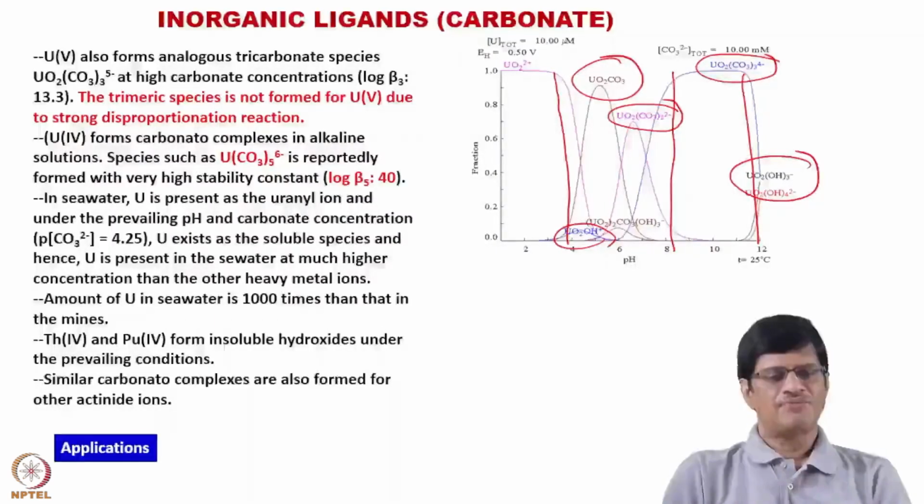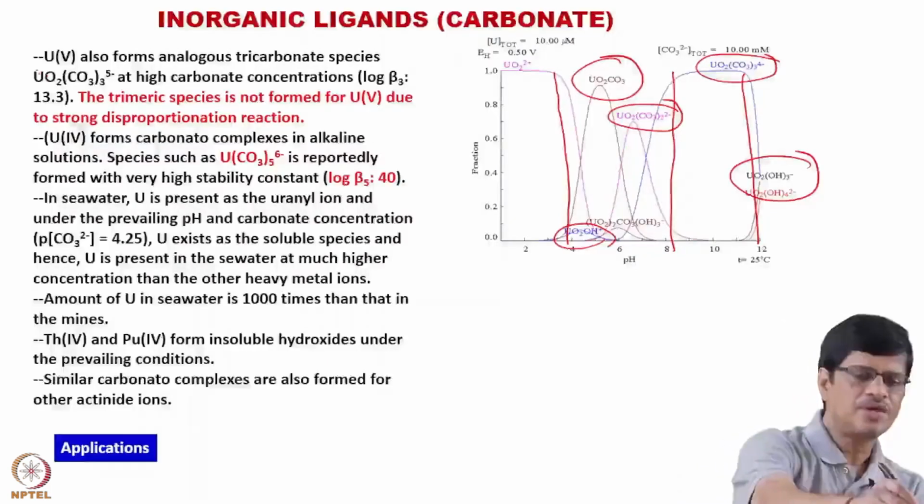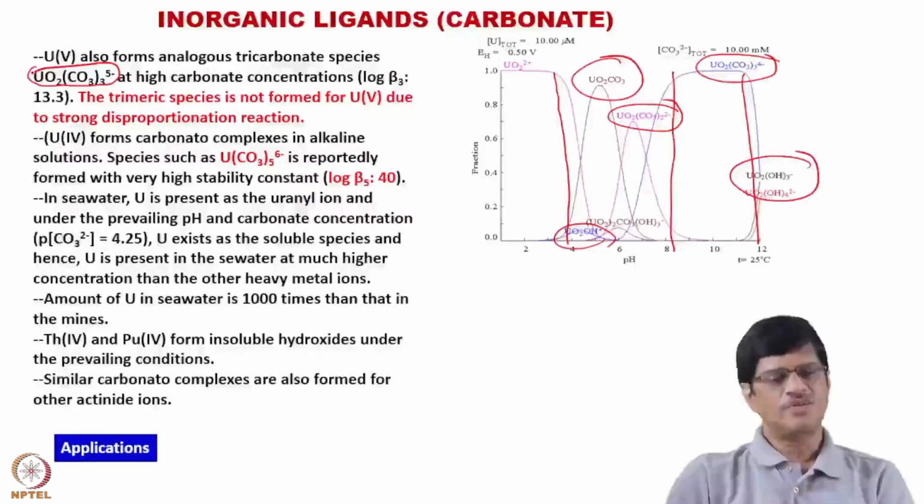Now, uranium 5 also forms the analogous tricarbonate species, similar to what I have shown for the uranium 6 uranyl ion. That is [UO2(CO3)3]5-. This type of species is formed with the uranyl plus 5 species, that is the UO2 plus ion, but this occurs only at a very high carbonate concentration.